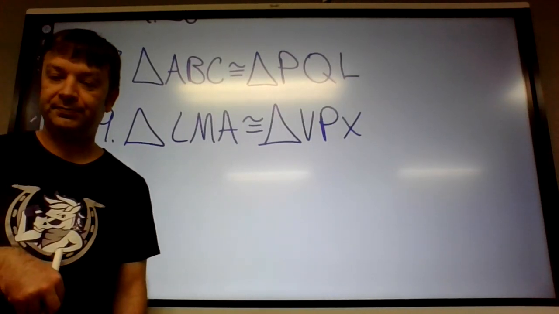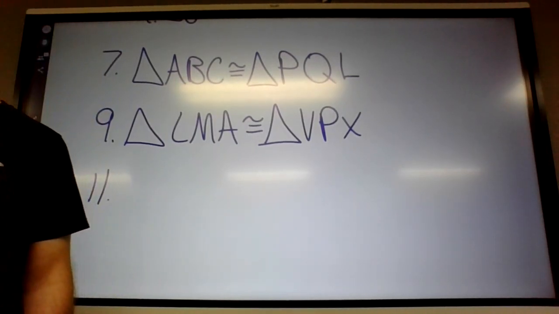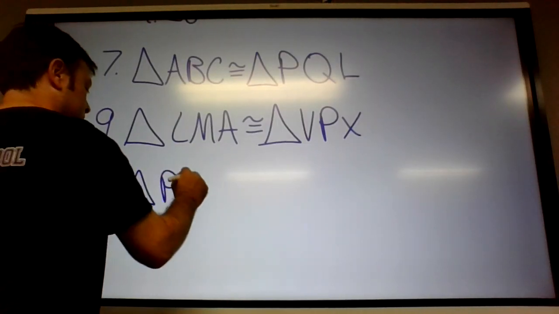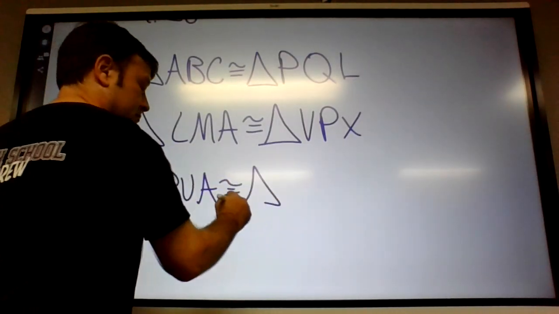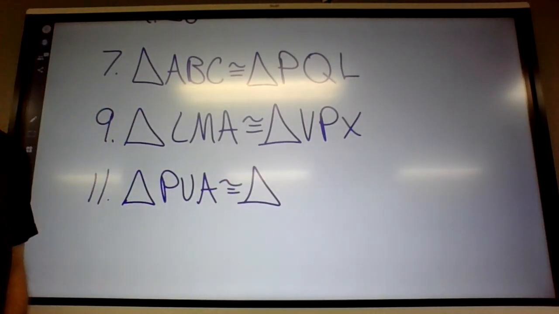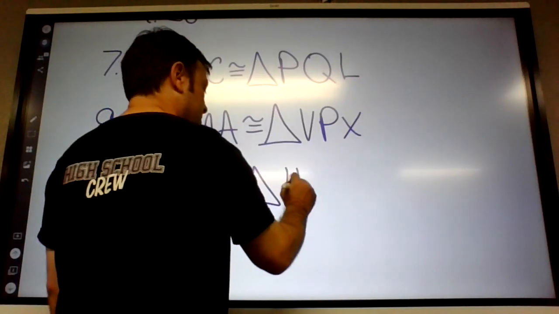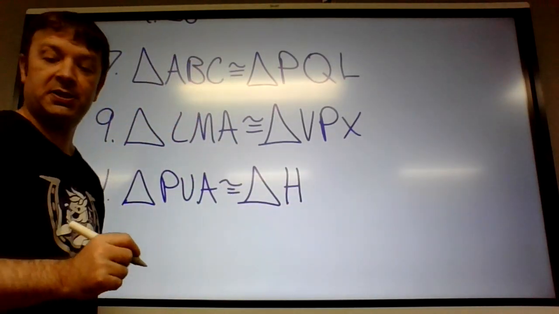So, triangle PUA is congruent to triangle HTK. Yep. PUA. So notice P has one arc. So when he started on this right triangle, he started with H because it has one arc on it. Oh, what was it? HTK.